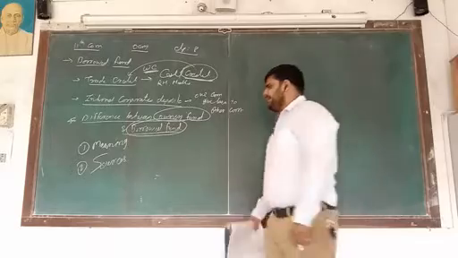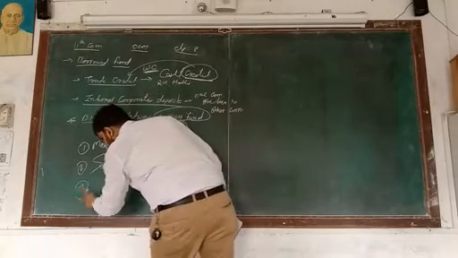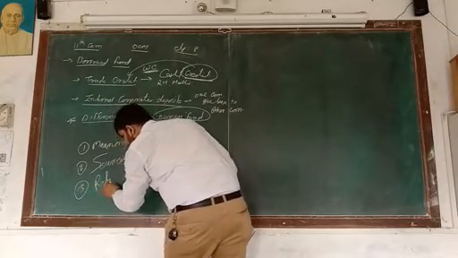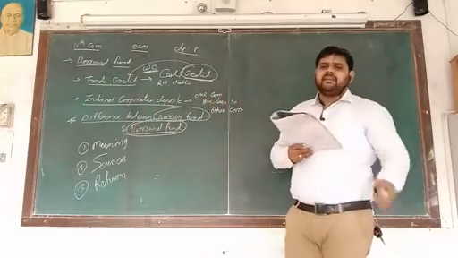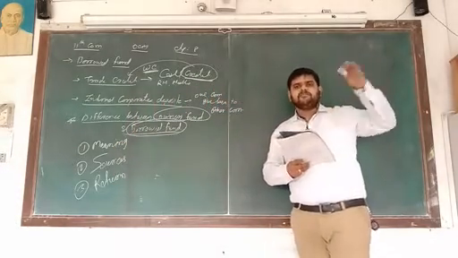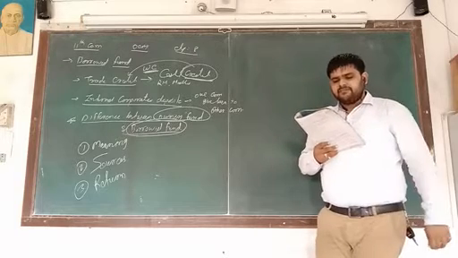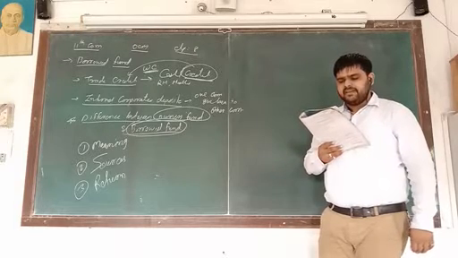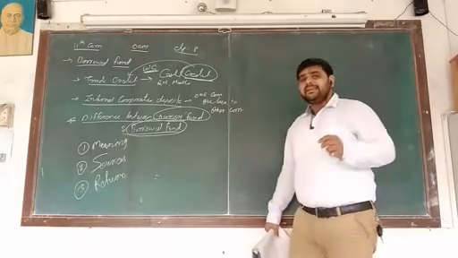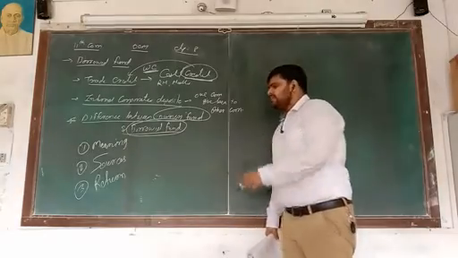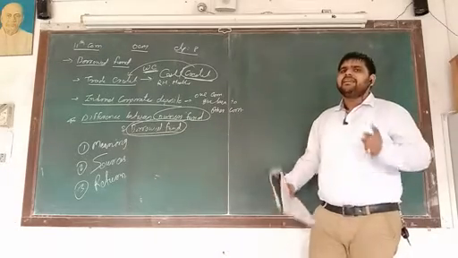Number three, return. Let us see what return we have to give on owner's fund at the end of business. Return on owner's fund is dividend. And what is the return of borrowed fund? Interest.